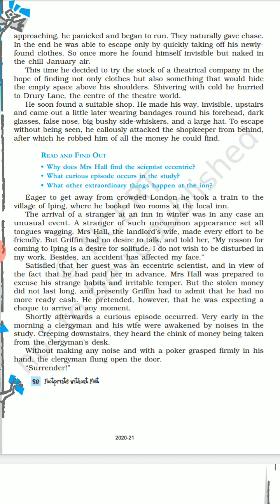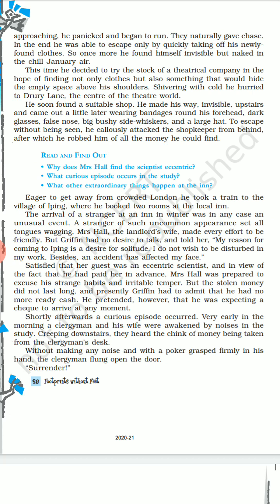Panic means he got scared and nervous. And what did Griffin do? Griffin began to run, and the assistants also gave chase. They ran after him, and in the end he was able to escape. How? By quickly taking off his newly found clothes. Only after removing his clothes does he become invisible, right?